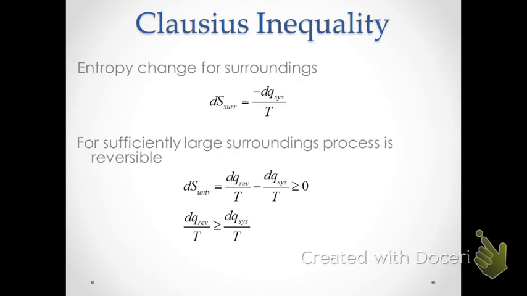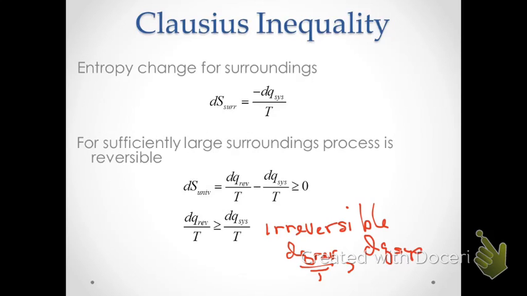but in the case of an irreversible process, it's important to note that dq reversible over T will be greater than dq system for the actual process.